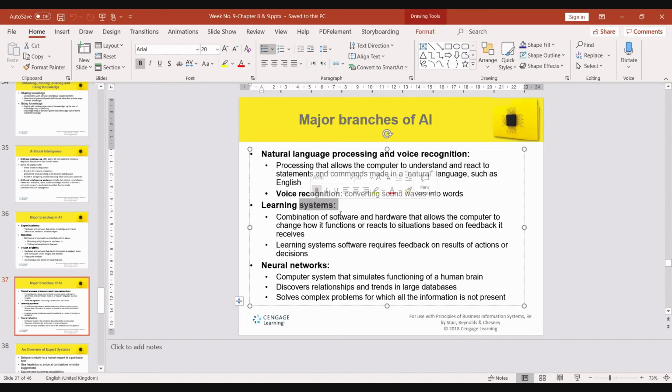Learning systems, a combination of software and hardware that allows the computer to change how it functions or reacts to situations based on feedback it receives. Learning system software requires feedback on results of actions or decisions.